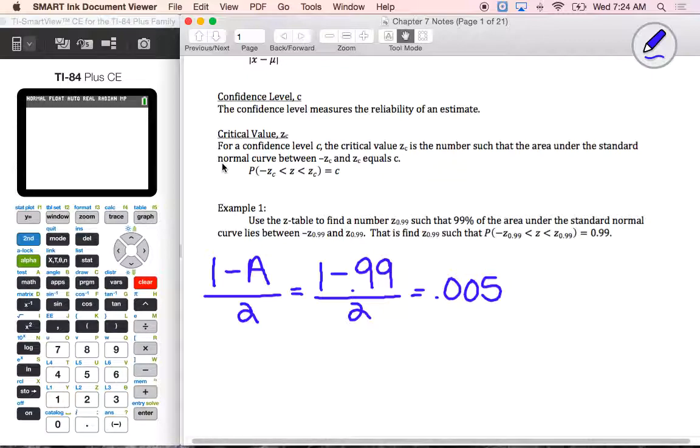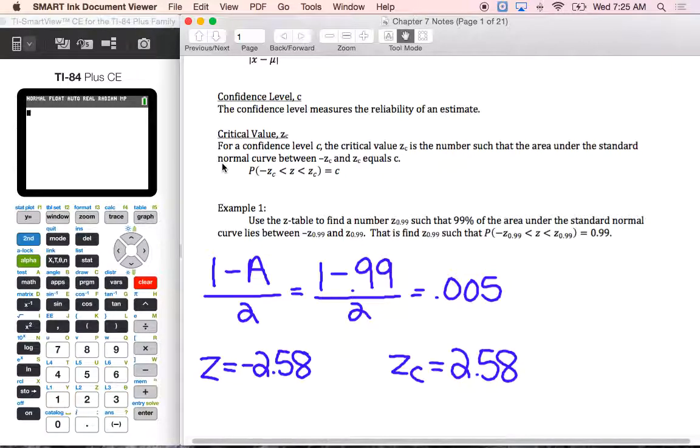You should see that Z is very close to about negative 2.58. But when we talk about our ZC, we always use the positive of it. So the ZC they're talking about, our confidence level Z, is 2.58.